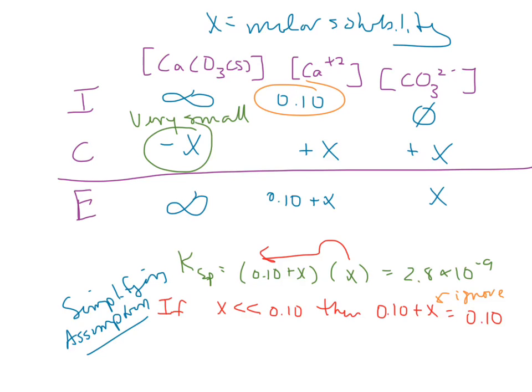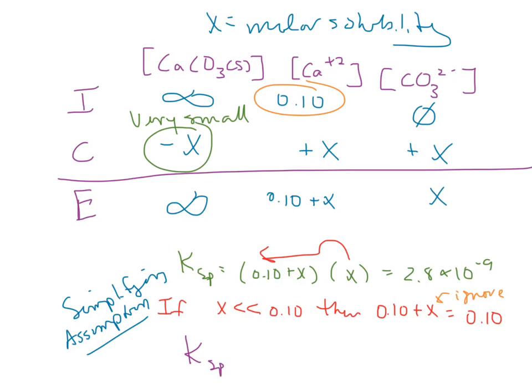And when we talk about acids and bases, we'll talk more about this simplifying assumption. But the cool thing is if X is appreciably smaller than 0.10, then this quantity, 0.10 plus X, becomes 0.10. And now let me rewrite your KSP expression.